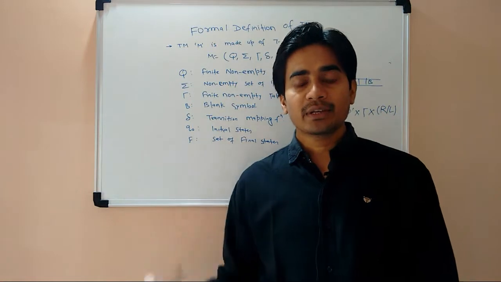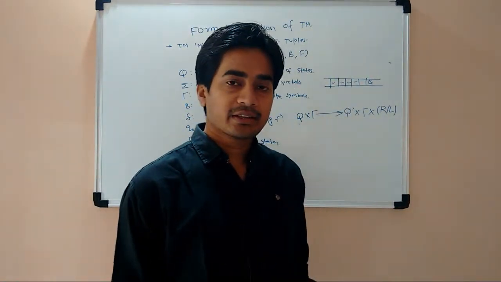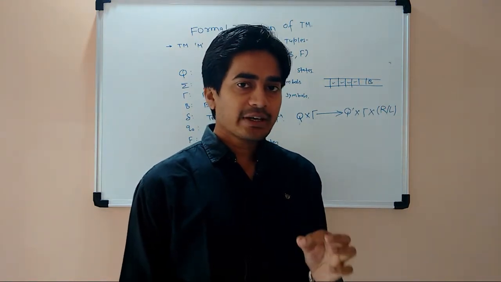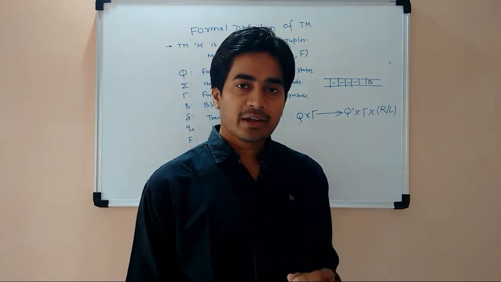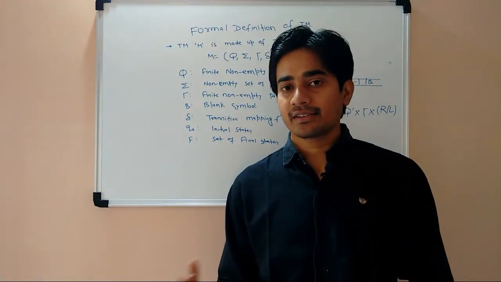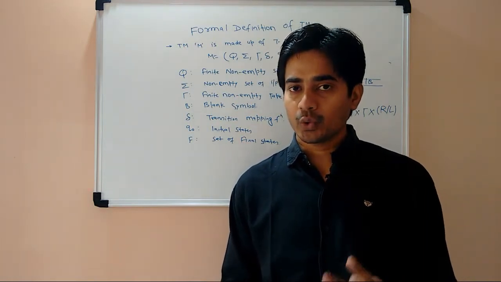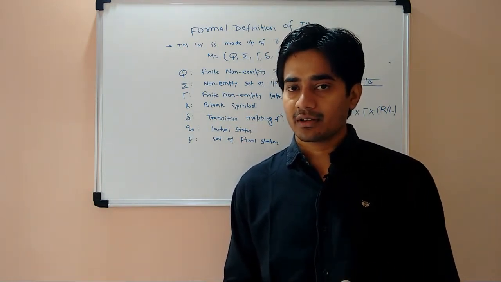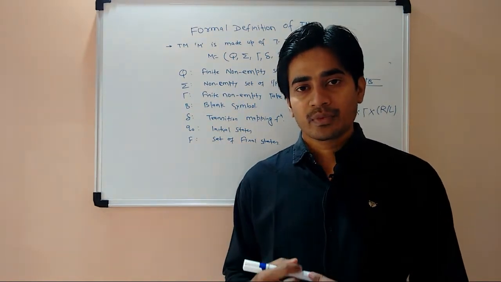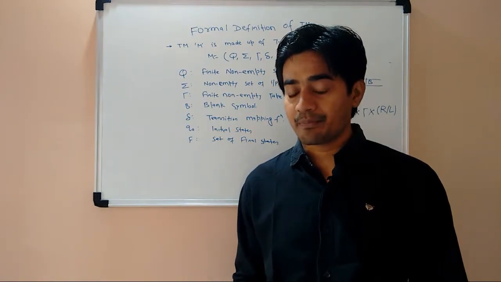Correlate with DFA: we define DFA by 5 tuples, and PDA by 7 tuples. There were 2 extra tuples in PDA, and here also there are 2 extra tuples compared to deterministic finite automata.